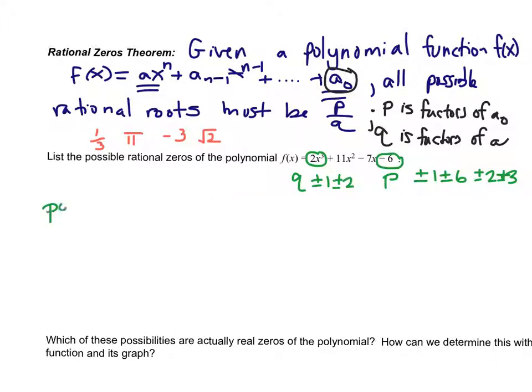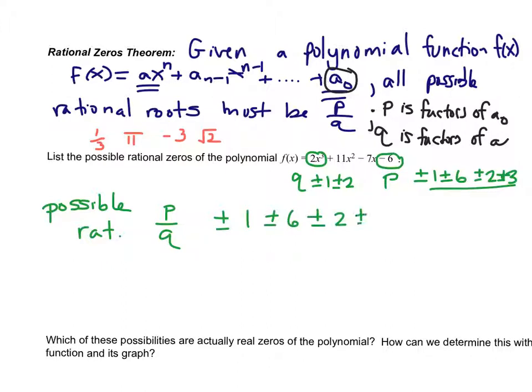So the possible rational roots, the only numbers that can be written as a fraction that could be zeros of this, would simply be all the p's divided by all the q's. So I'll take all these numbers and I'll divide it by 1 first. So that's 1, 6, 2, and 3. And then I'll take all the same p's and I'll divide them by 2. So we have 1 over 2, which is 1/2.